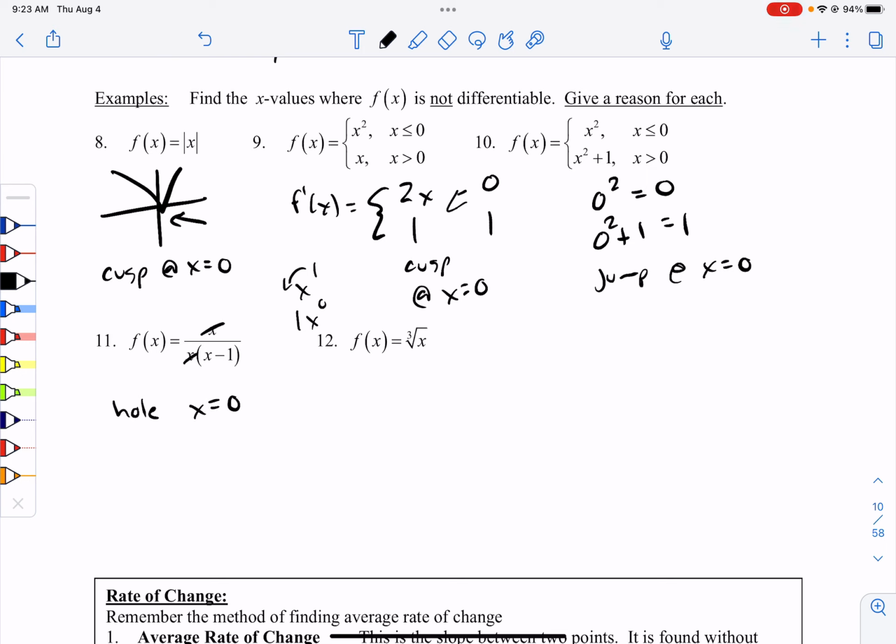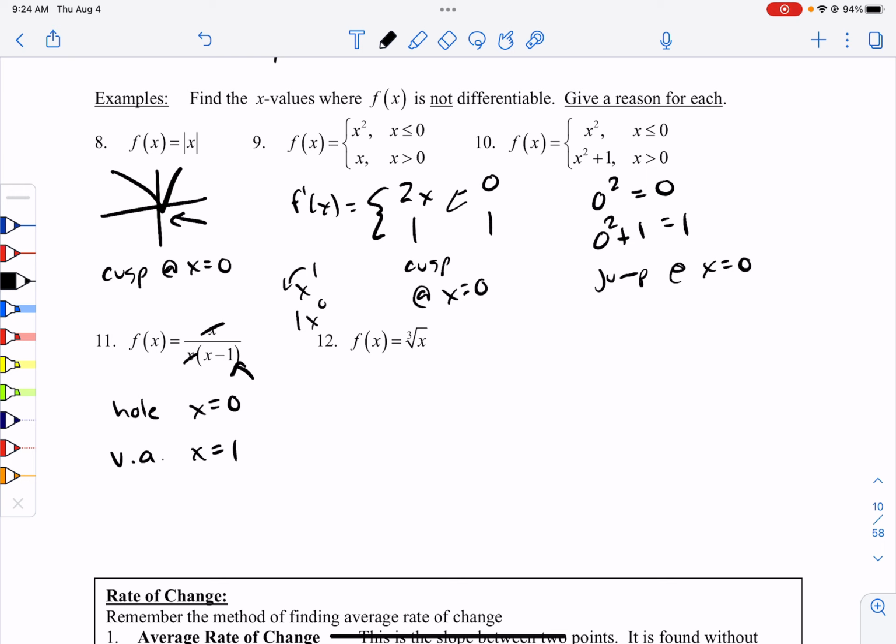So on my function, there's a hole at x equals 0. And not only that, look what's left over, x minus 1. So there's also a vertical asymptote when x equals 1. So this one is definitely not differentiable because there's a hole and a vertical asymptote. That's a messy function.